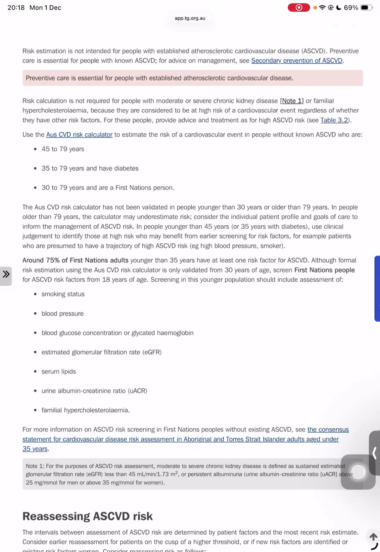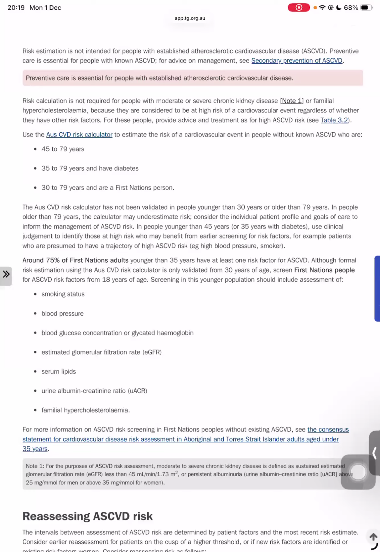Without any risk factors, we will start screening from 45 to 79 years. With comorbidities like diabetes, we will start screening from 35. For First Nations peoples, we will start screening from 30 to 79 years.